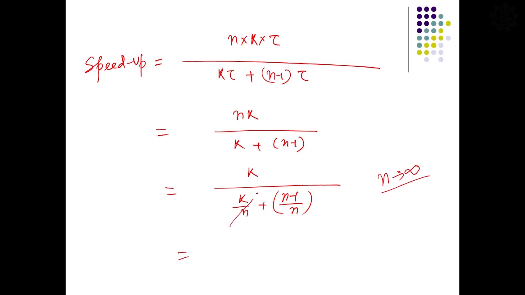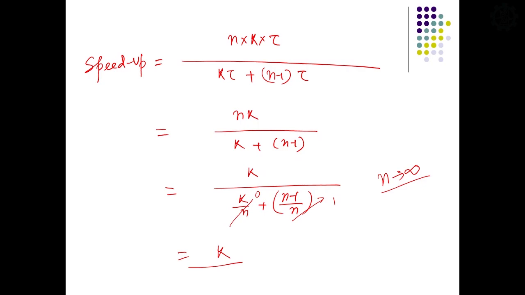This term will be 0, this will be close to 1 and this will be k. Therefore, the speed up factor will be k. If you compare a processor with pipeline and without pipeline, the speed up will be k. What is k? K is the number of stages.